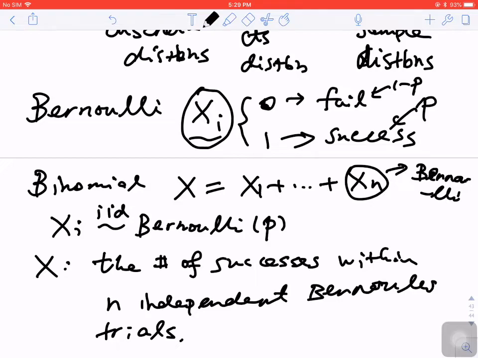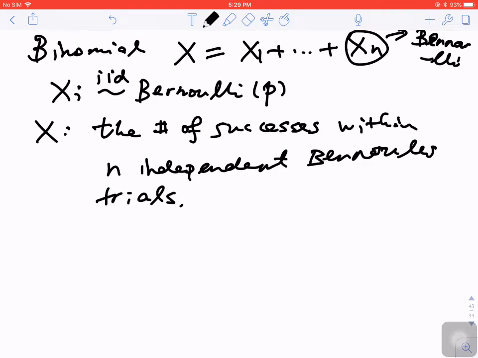A binomial random variable is actually tossing the same coin n times, and you would like to know the number of heads that you get after n tosses.